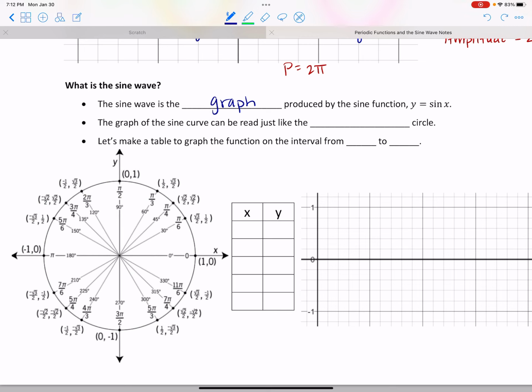And the graph of this sine curve that we're going to make here, oh, and you saw a word interchange there too. Sometimes I call it the sine curve, sometimes I call it the sine wave, so we use those interchangeably. We can read this or our table of values or the graph we're going to make here in the same way that we can read the unit circle. And since we're new to this, or maybe you're not, but I'm going to pretend everyone's new to this, okay?